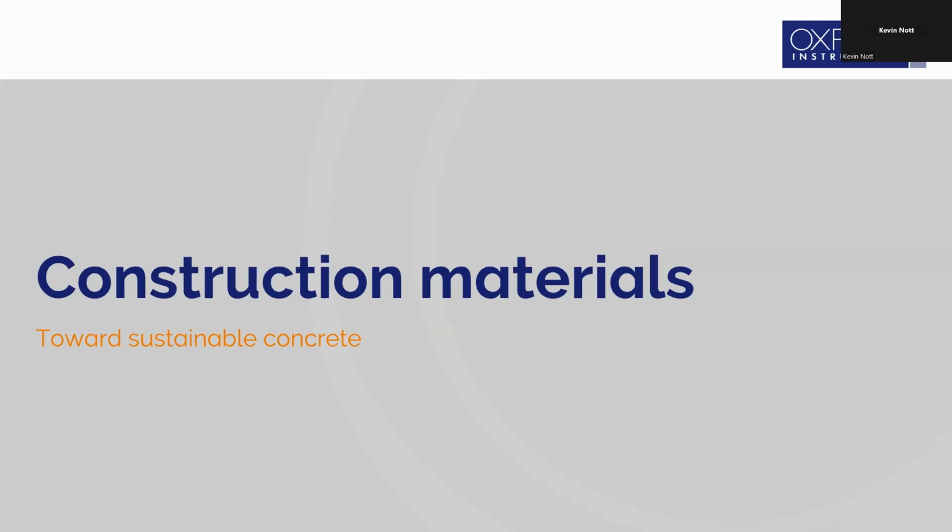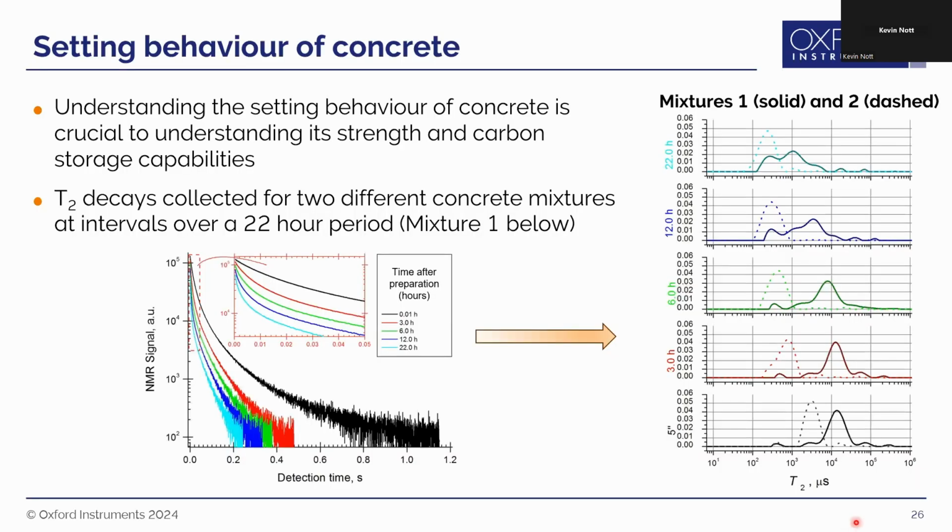Therefore, people are looking for other local materials which can be used instead. To that end, TDNMR can be used to investigate the setting characteristics of different formulations. Obviously, water is a large component of the mixture, and its mobility is an important property of investigating the setting behavior of concrete.